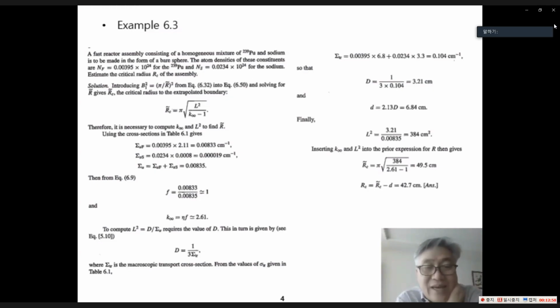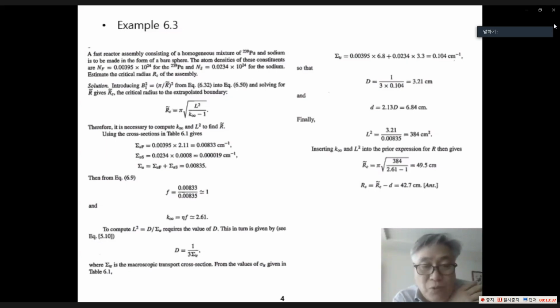And k infinite is eta F. You can find a lookup table and you get eta, and F you just get it. So 2.61. And in order to calculate L, you need the diffusion coefficient. The diffusion coefficient is 1 over 3 transport cross section. We just briefly learned that, so we just know the equation. I didn't deal with that in detail, but you can calculate that with the macroscopic transport cross section.